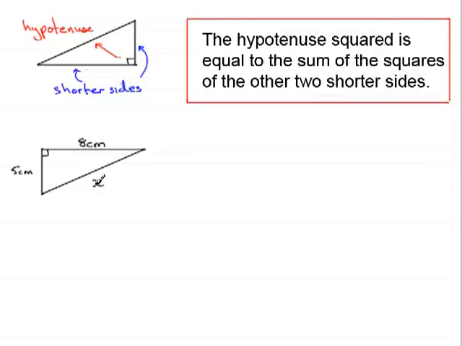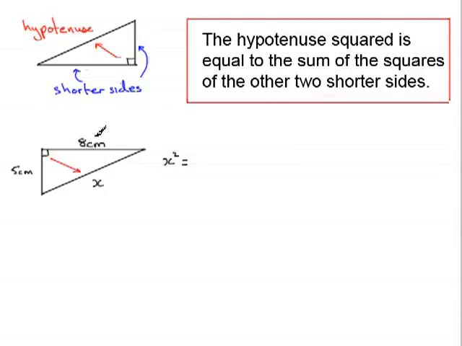Now, this side here is the hypotenuse because it is opposite the right angle. Okay? And according to Pythagoras' theorem, the hypotenuse squared, that's x squared, is equal to the sum of the squares of the other two shorter sides.